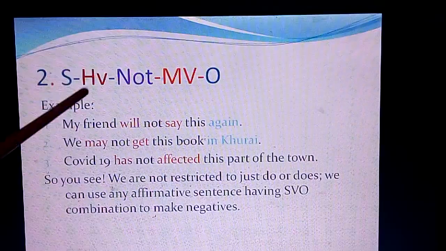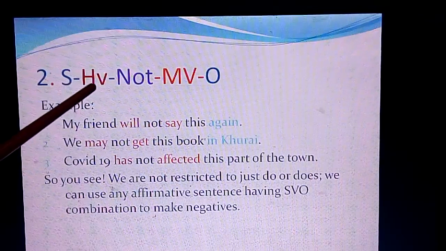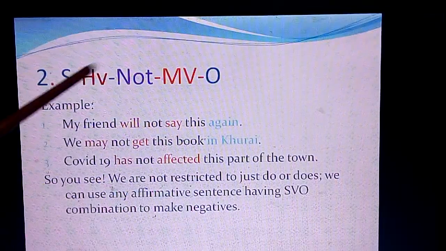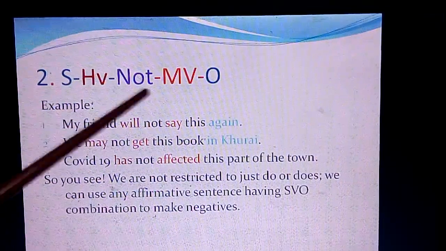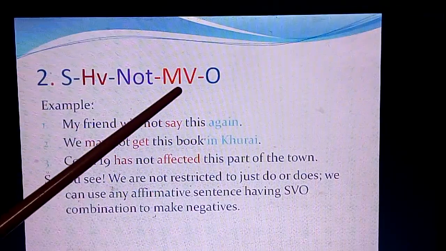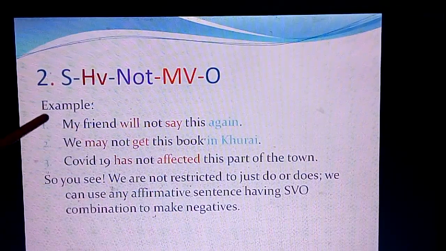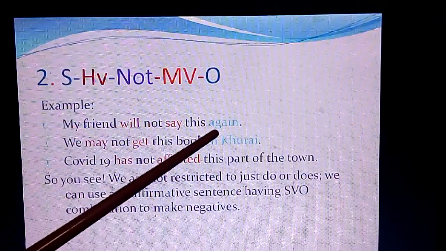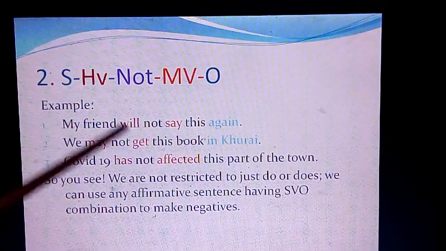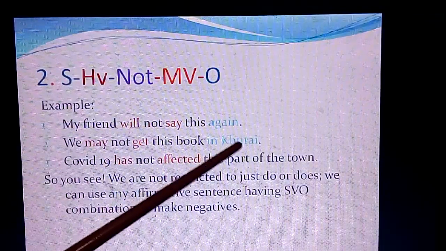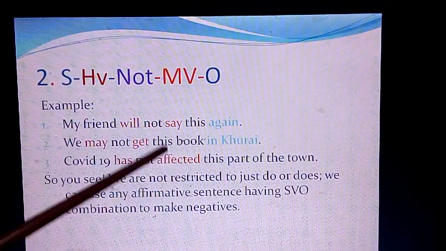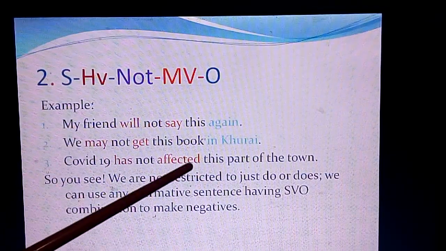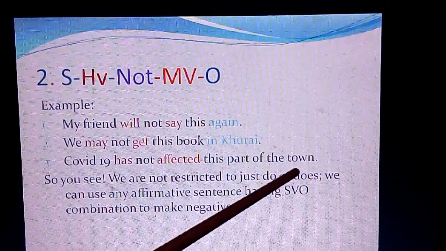Now, second one: subject, helping verb, not, main verb, object. Example. First, my friend will not say this again. We may not get this book in Korea. COVID-19 has not affected this part of the town.